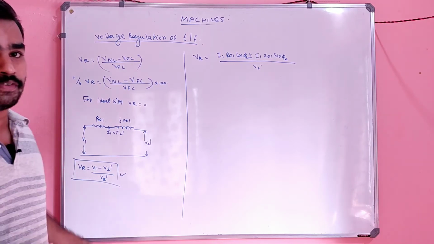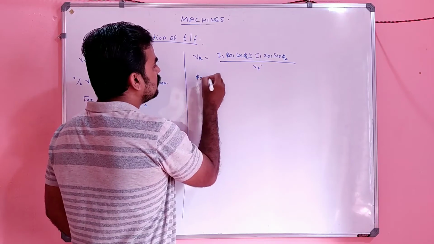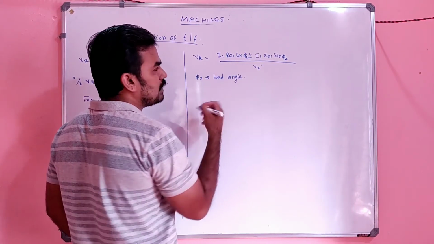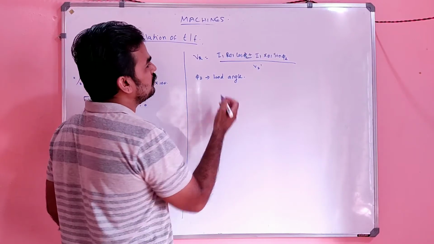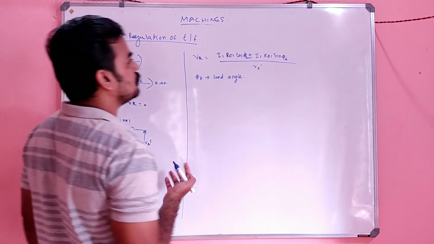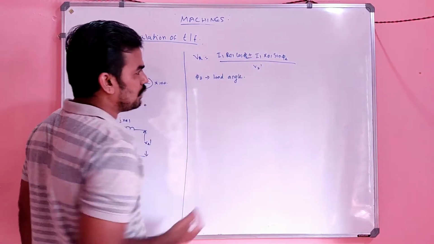There is a derivation, but we don't want that derivation. We just need the equation, where phi 2 is the load angle, or the angle between V2 and I2, I1 is the primary current, equal to I2 dash, and RE1 is the equivalent resistance referred to primary.